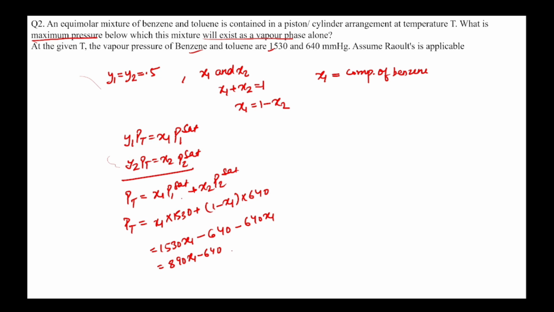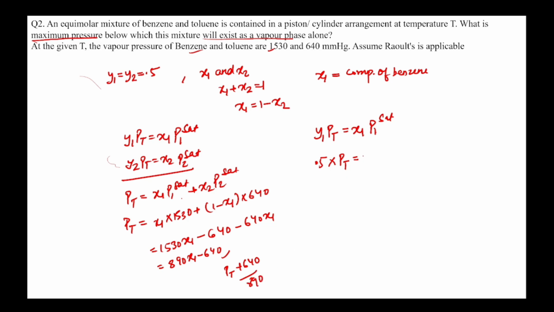Okay, now put this pressure value in any one of the two: Y1 Pt is equal to X1 P1 sat. So Y1 is 0.5, Pt we have to find out. So you'll put the value of X1. So X1 is Pt minus 640 upon 890.